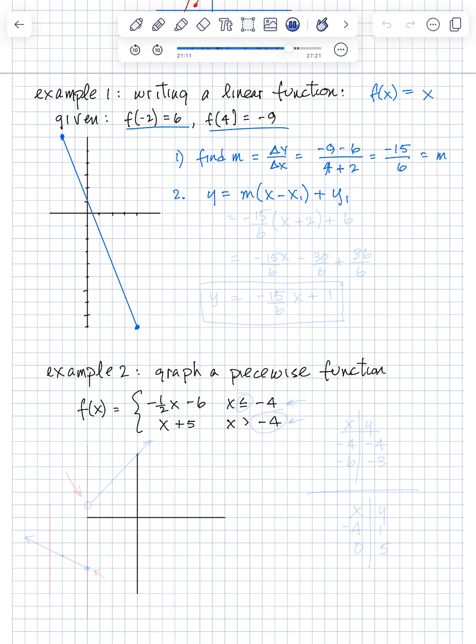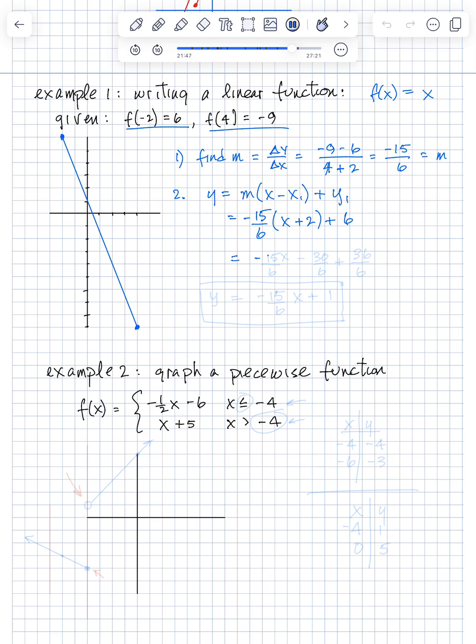I think I mentioned I usually use the ones on the left-hand side as point 1, and the right-hand side is point 2. So let's just fill it in. m is -15/6 times x minus, well, x1 is -2, so it's minus -2, plus 2, plus y1, which is 6. And then we clean that up.